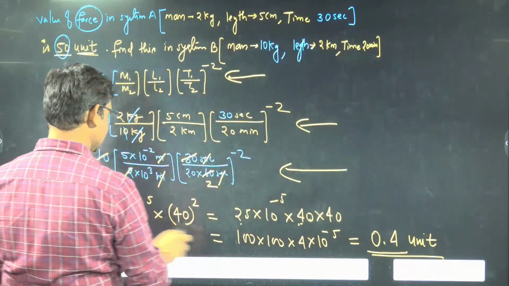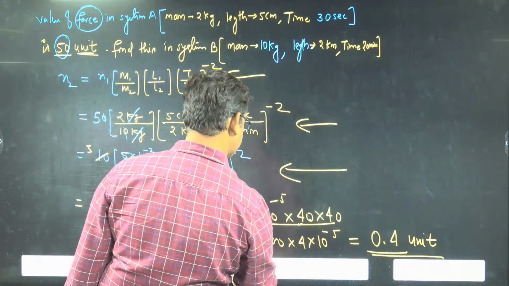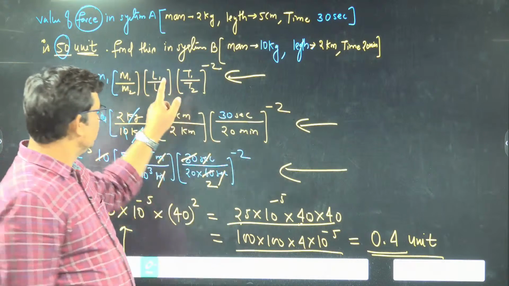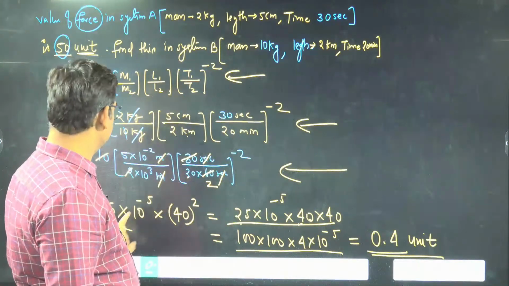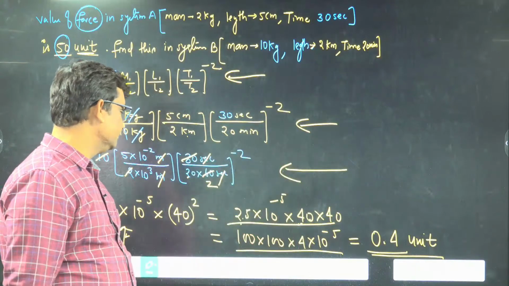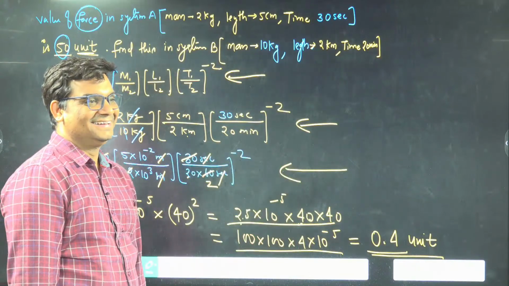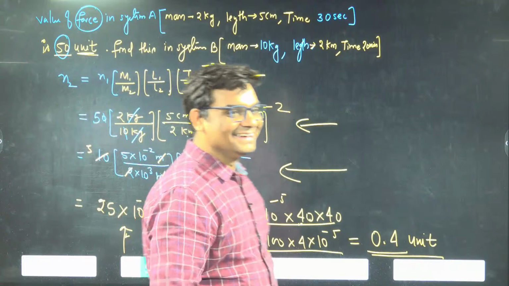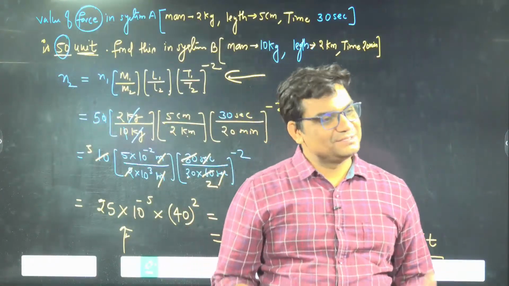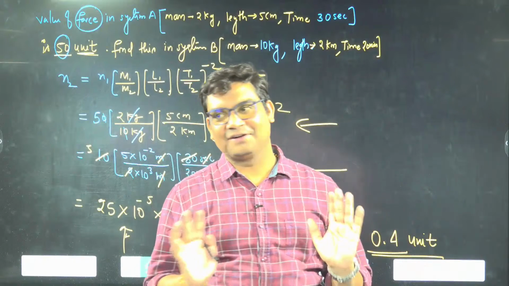This is the fourth line. This is the fifth line, and finally the sixth line. Where is the problem? Just tell. First, second, third, fourth, fifth, sixth. If you have any problem anywhere. No, this calculation mistake will be continued.